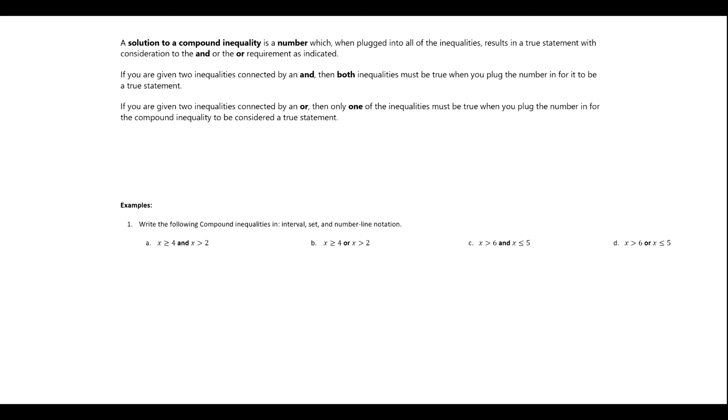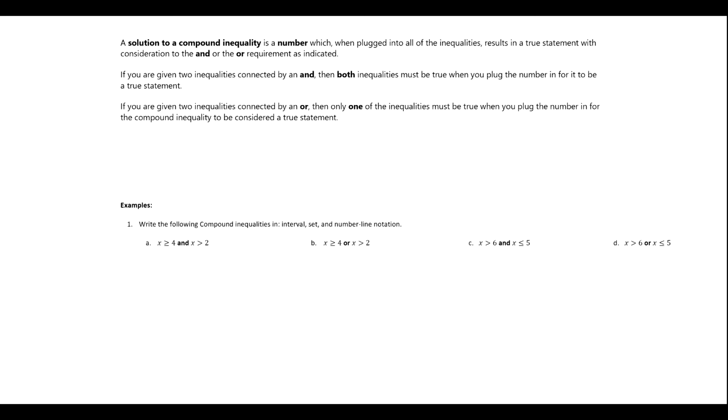First, if we have two inequalities connected by the word and, in order for the number to give a true statement overall, we need the number, the solution we propose, to make a true statement for both inequalities we're working with. On the other hand, if you're given two inequalities connected by an or, that means only one of the inequalities needs to be a true statement. If that statement is true, then we say that number gives a true statement. The number is a solution overall.